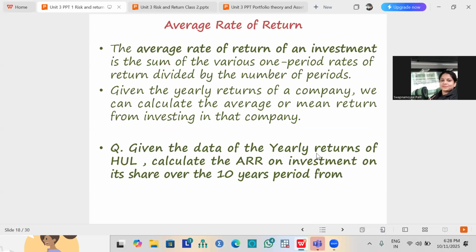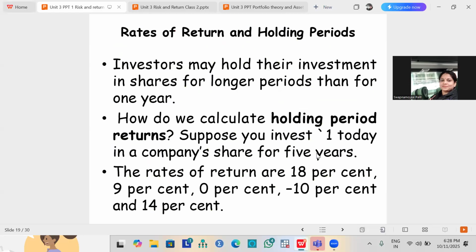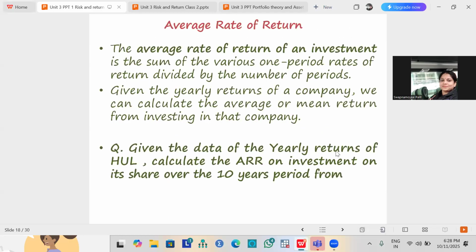Moving on, let us calculate the average rate of return. We'll calculate the rate of return for a stock over different years. You are given some information here: the data of yearly returns of Hindustan Unilever.